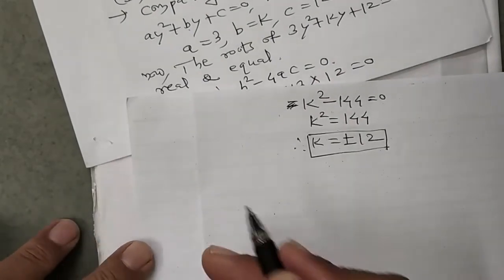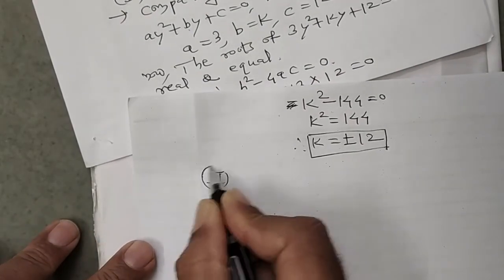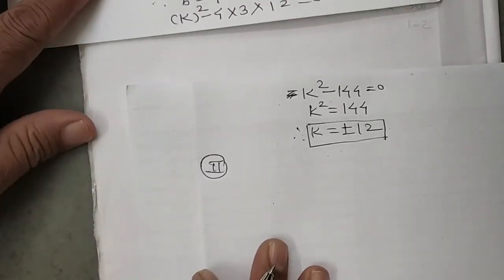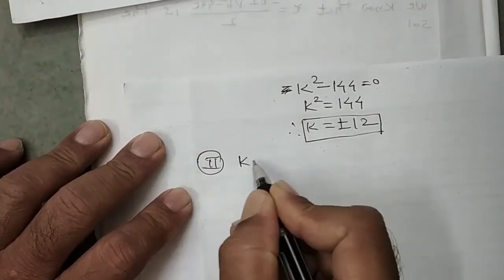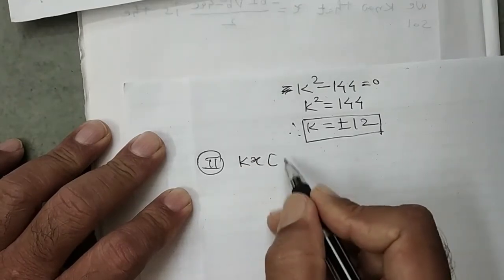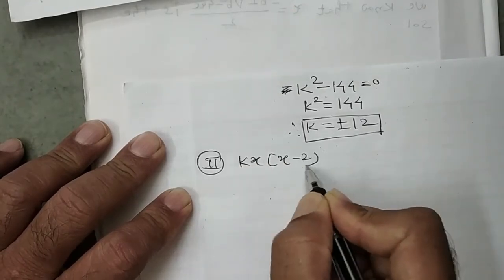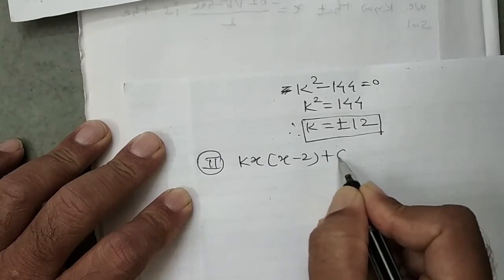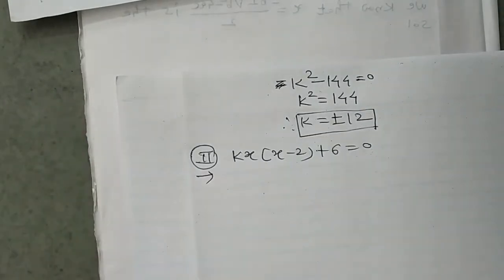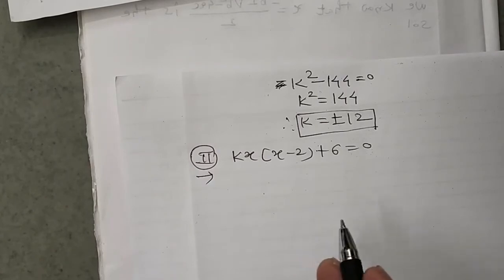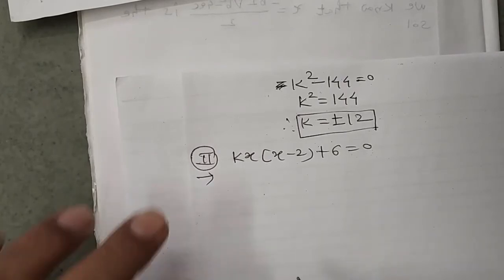Now second example: kx into bracket x minus 2 plus 6 is equal to 0. Now write down this given equation first in the form of ax square plus bx plus c is equal to 0.